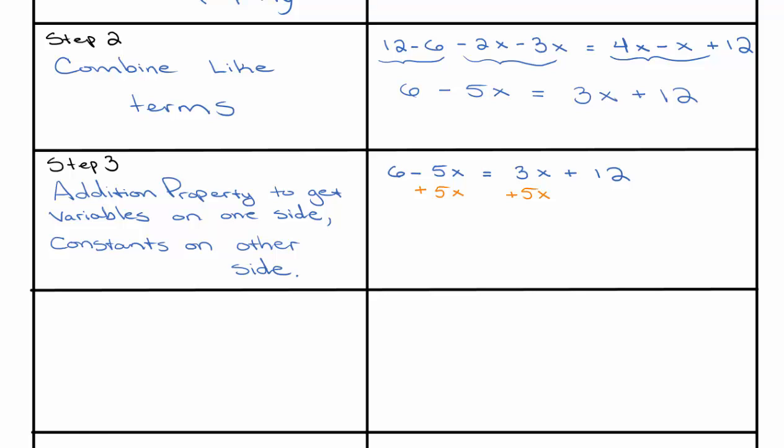And then I'm going to move the 12 here as a negative, so minus 12 minus 12. These will cancel, these will cancel, and we'll be left with negative 6 is equal to 8x.